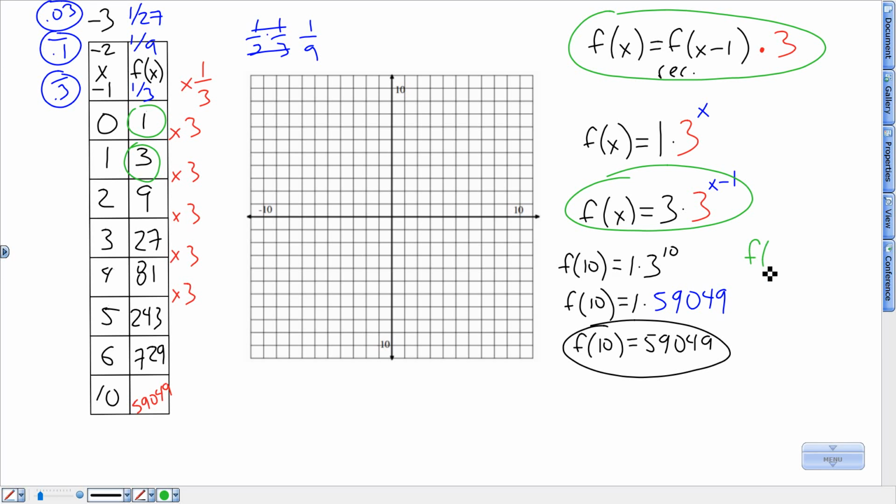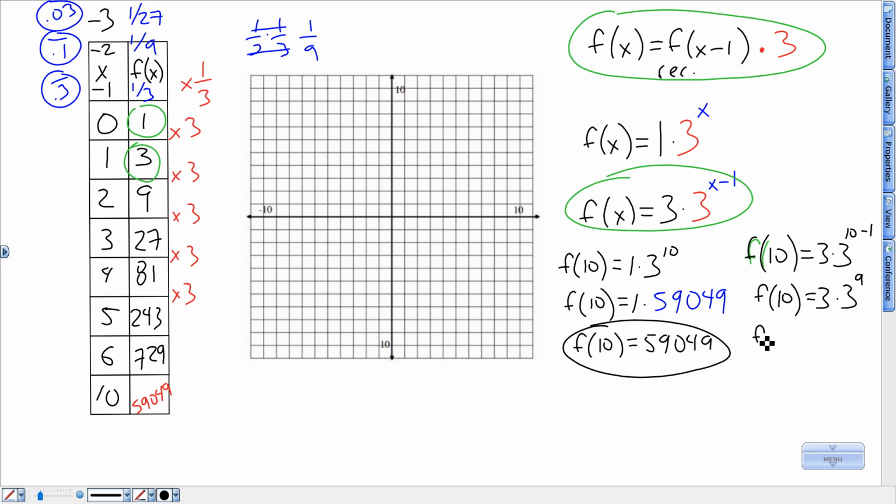f of, do this in black, 10 comes from 3 times 3 to the 10 minus 1 power. Gives me the function at the 10th term is 3. Leave that 3 alone. 3 to the 9th. Evaluate that.